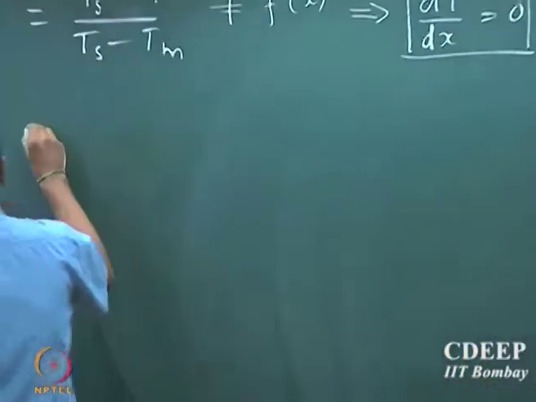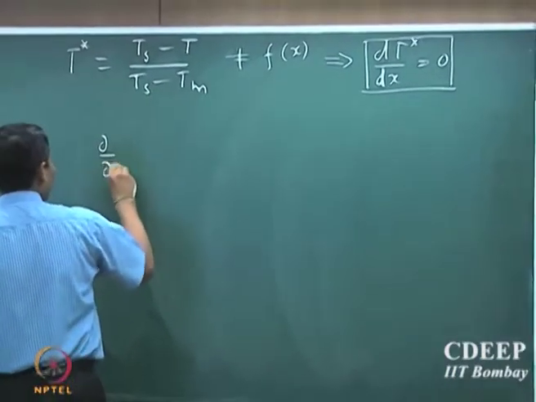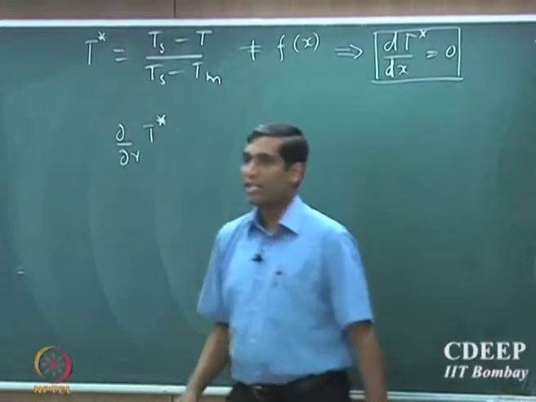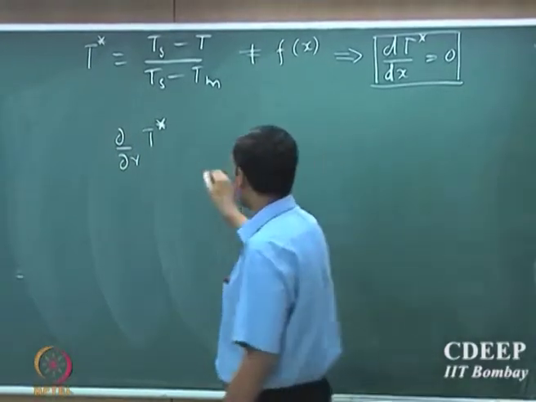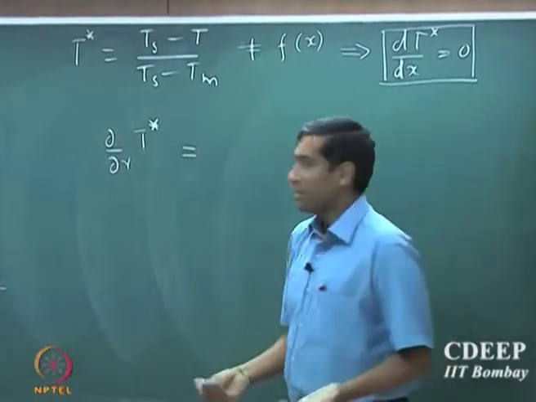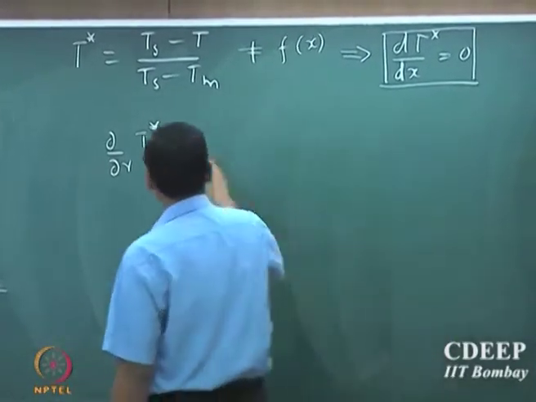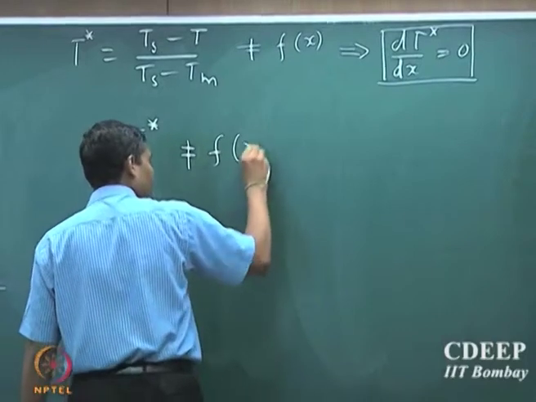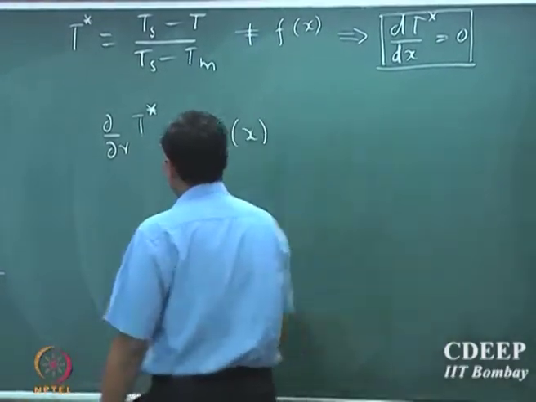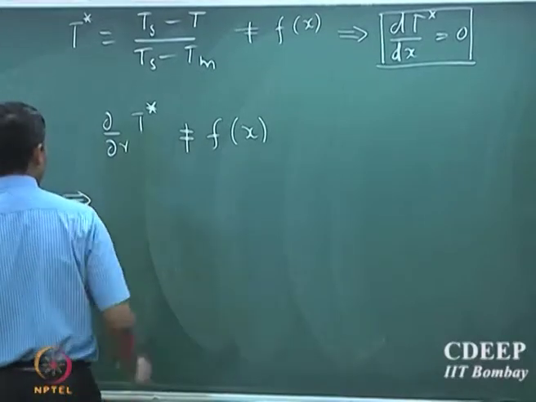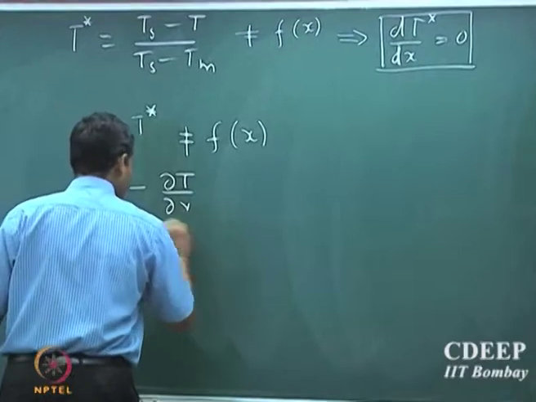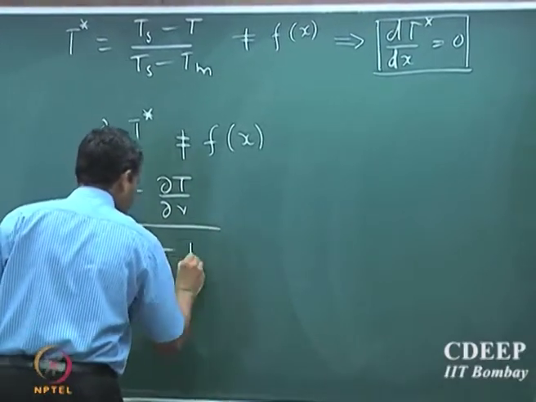Supposing now I take d by dr of T star, is that a function of the x position? No, T star is not a function of x position, therefore this is also not a function of the x position. Now dT star by dr is nothing but minus dT by dr divided by Ts minus Tm.